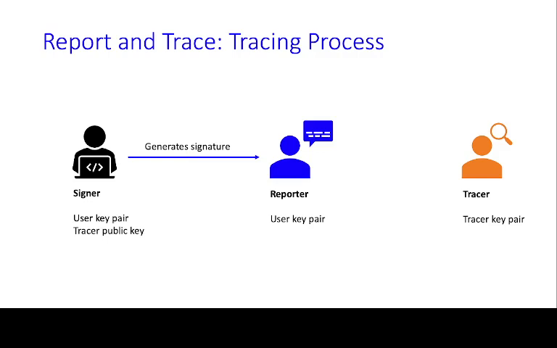We model reporters as ring members, which means that we can simplify our syntax and incorporate a reporter key pair within the signer key pair. The report is then submitted to the designated tracer, who can revoke the signer's anonymity. Now, anybody can verify the correctness of the report and trace by running a public verification algorithm.